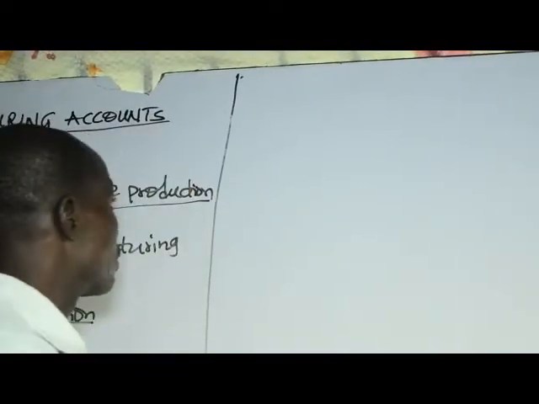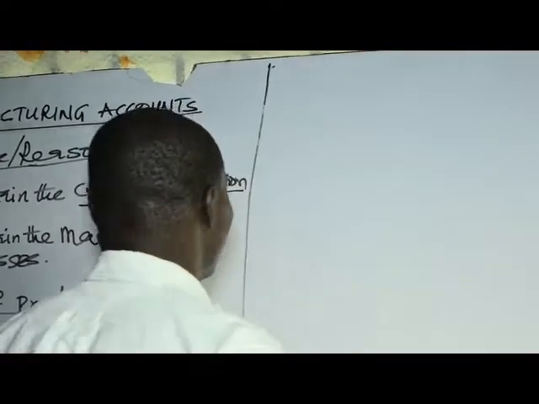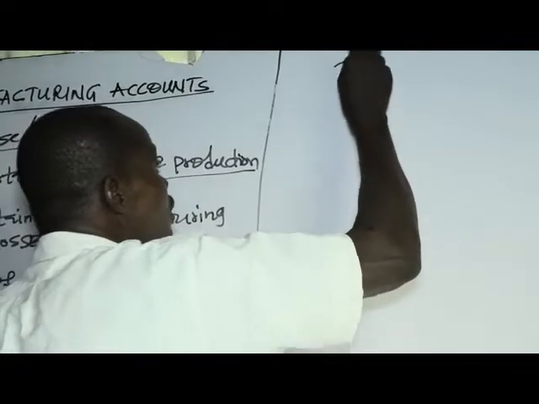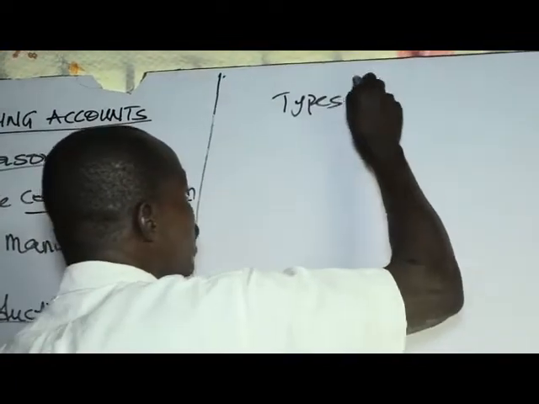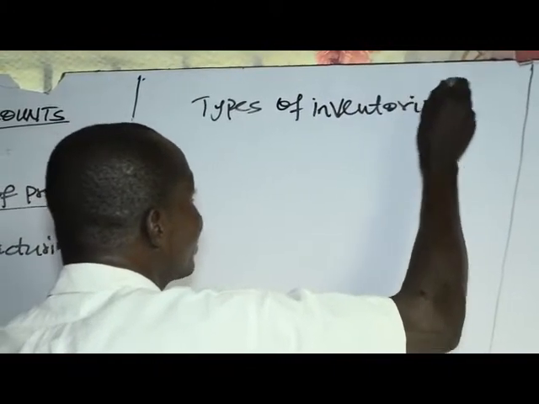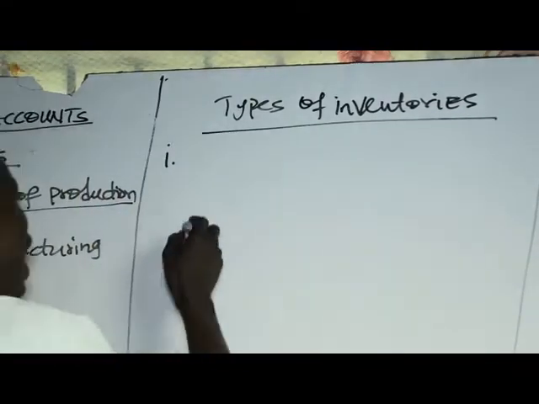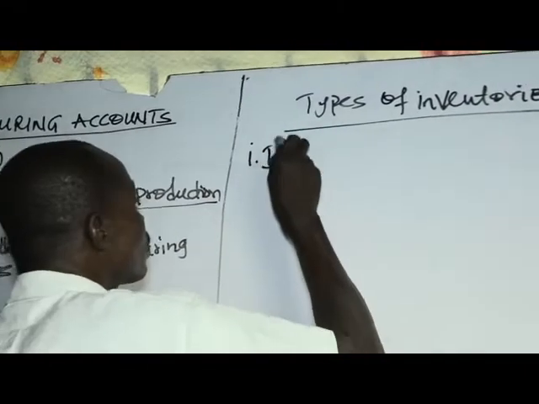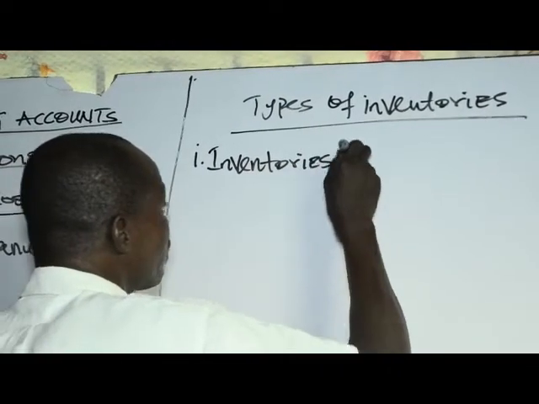Now, there are three types of inventories in manufacturing. Number one, we have inventories of raw materials.